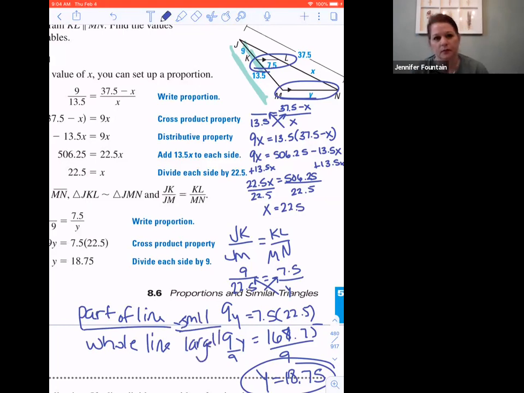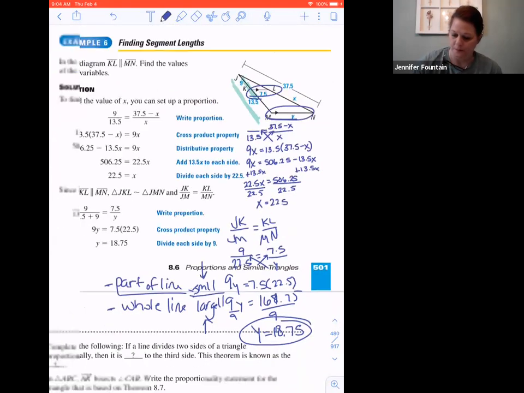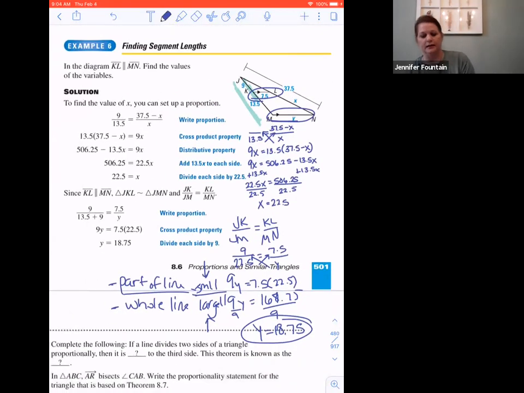Does that make sense? Because a moment ago we were just doing sides proportional to each other, but when we're actually finding the measure of an unknown parallel, I've got to have my part of my line over my whole part of my line. And then in my numerator, I have my small parallel over my large parallel. Okay. So that's going to be finding the measure of the parallels.